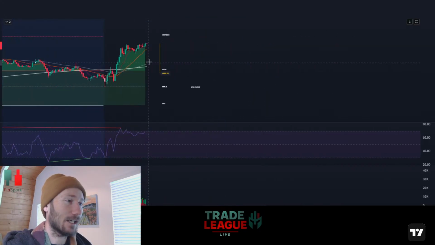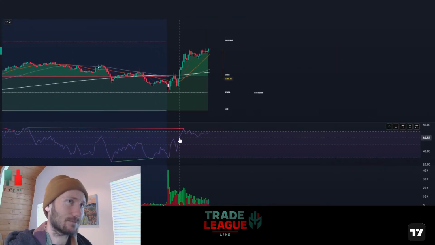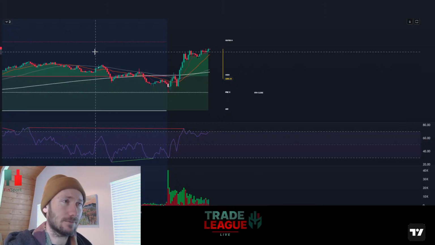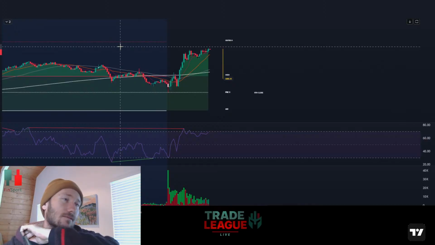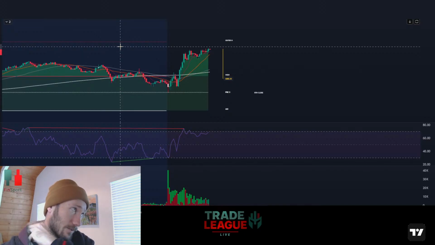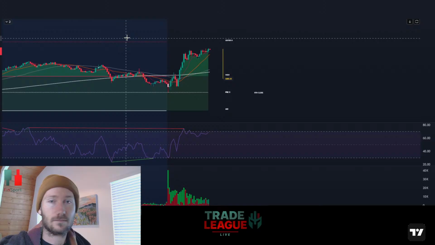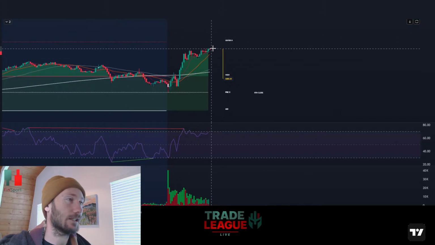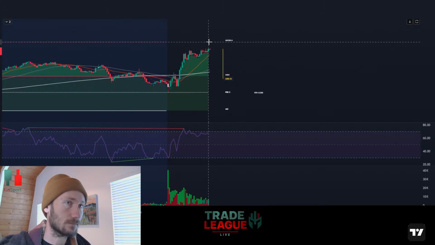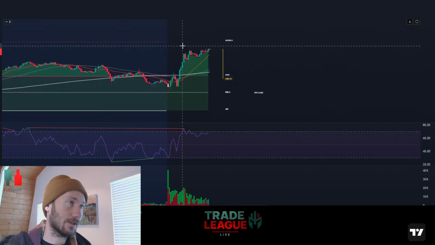Okay, so I'm looking at ES here on the 3 minute, the SPY futures. I look at this usually rather than SPY just because I pay for the data on TradingView, the live data. And what are we doing here?